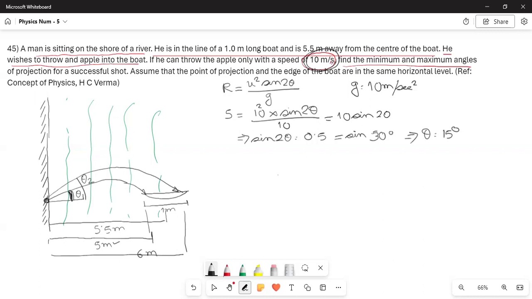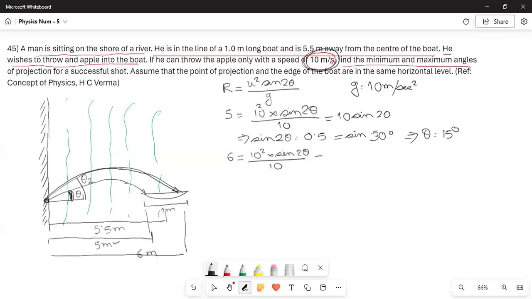And if he throws the ball a little further away to the further end of the boat, which is 6 meter away, then using the same formula, 6 equal to 10 square into sine 2 theta by 10.